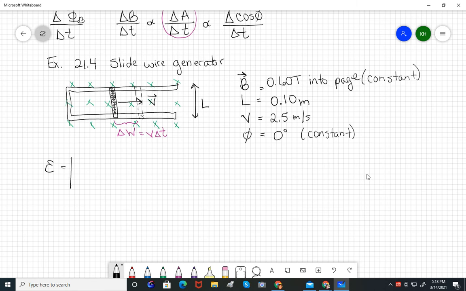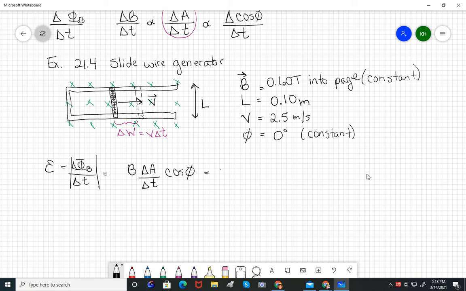It's, of course, the absolute value of that change in flux. In this case, B is constant, so it's going to be B delta A over delta t, that's the thing that's changing, cosine phi. Okay.